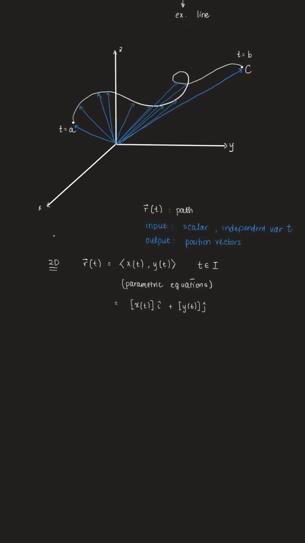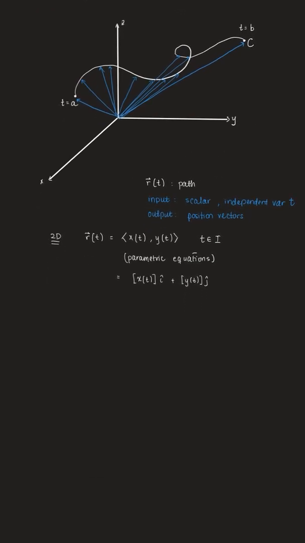If we then move to 3 dimensions, like the diagram that I've represented, in 3 dimensions we're going to have 3 components. t is still the independent variable, and the output will be a vector that is dependent on whatever value of t we've chosen.